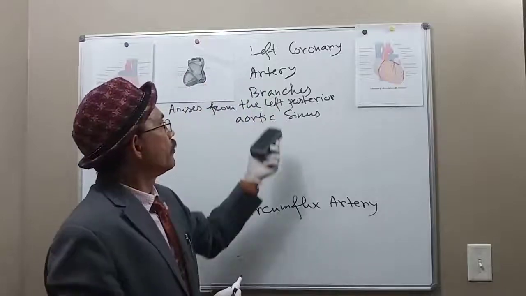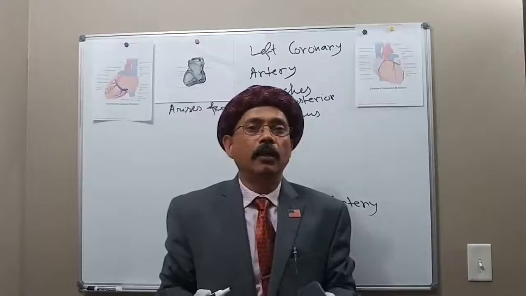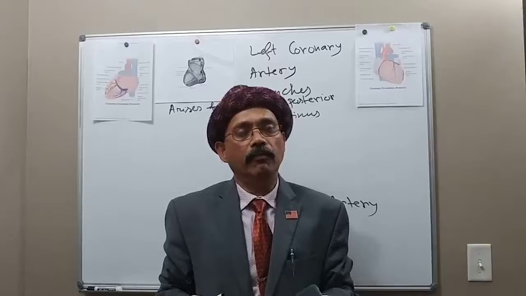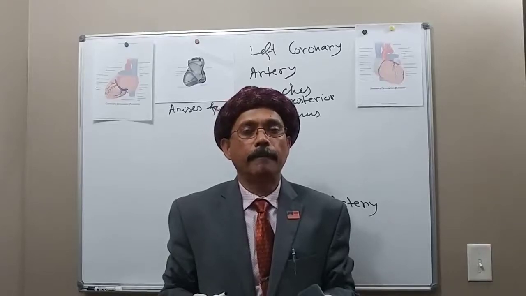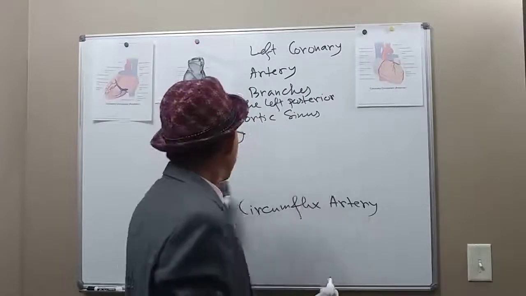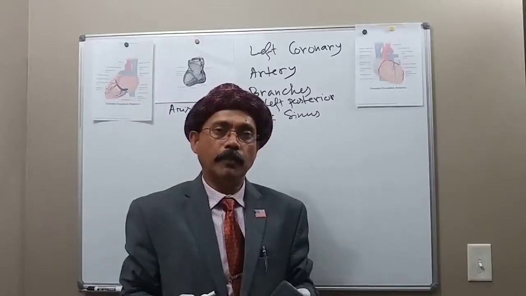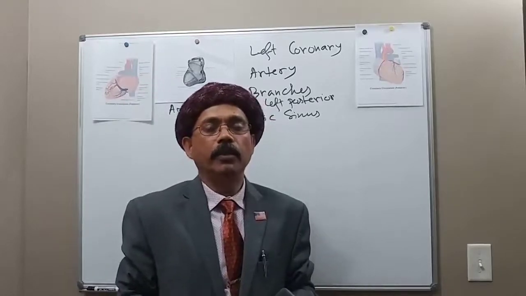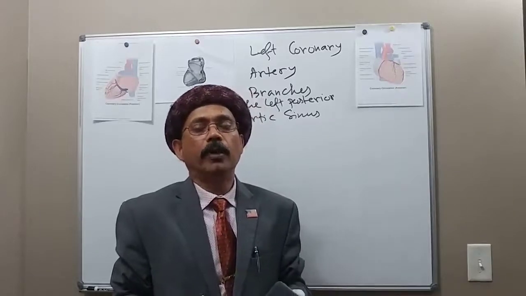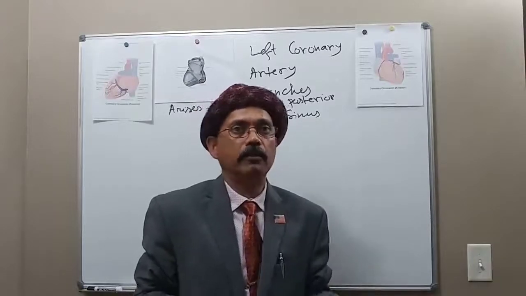What are the branches of the left coronary artery? We have two major branches: the anterior interventricular artery and the circumflex artery. Also we have some other branches. The left coronary artery also supplies the left branch of the AV bundle and part of the Purkinje fibers of the conducting system of the heart.